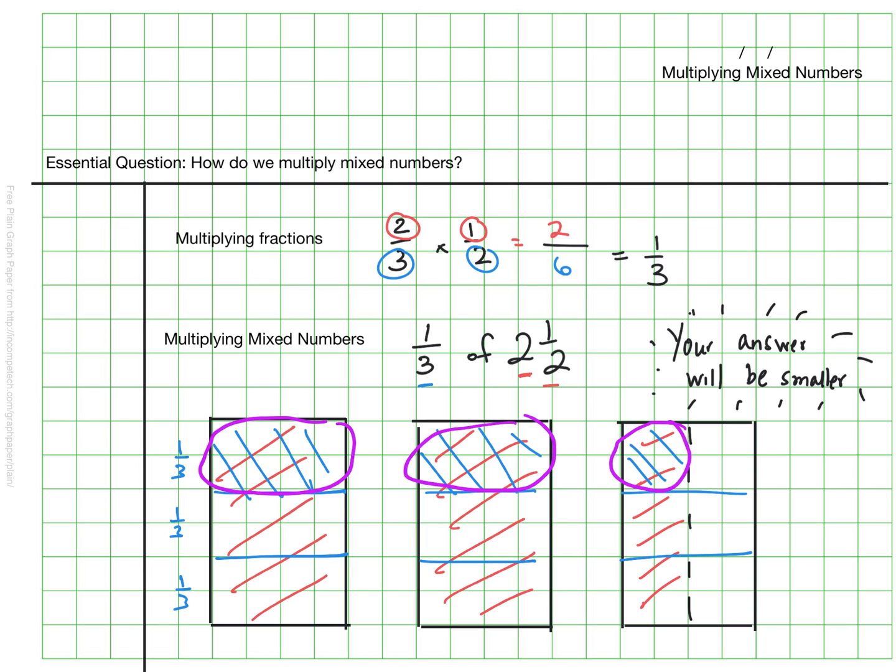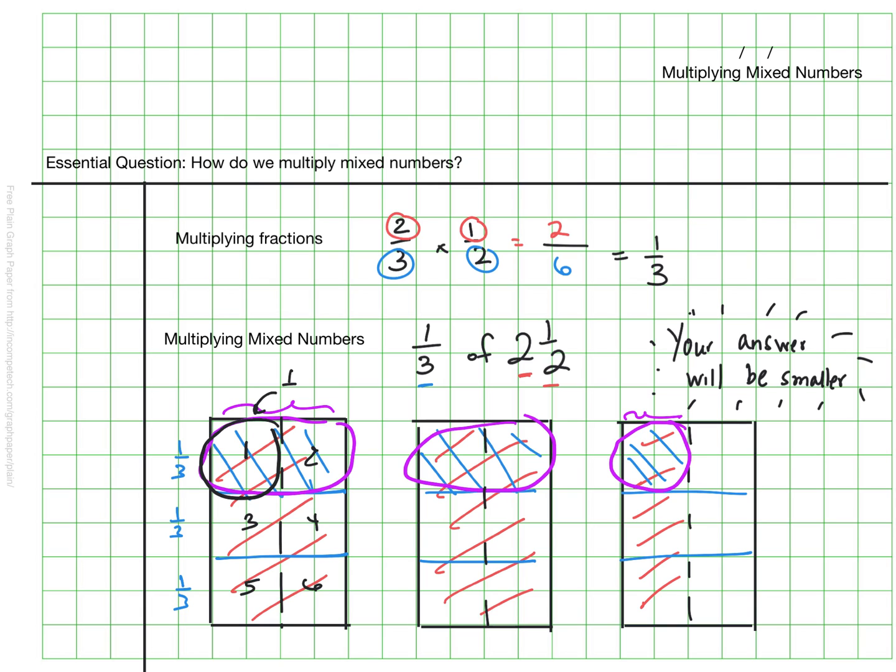So if I want to count up how much I'm using as my solution, it's a little sneaky right now because these sizes are not all the same, and we want them to be the same. So to do that, I'm going to do a simple cut. I'm going to cut this down the middle, just like I did on my far right box. Right? And now I can say, oh, this piece here is worth 1 out of 6.